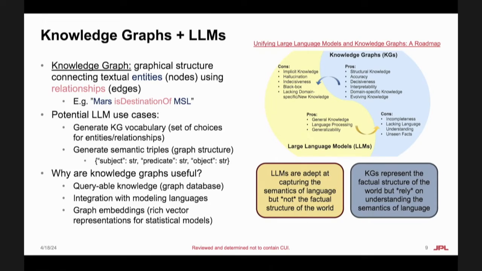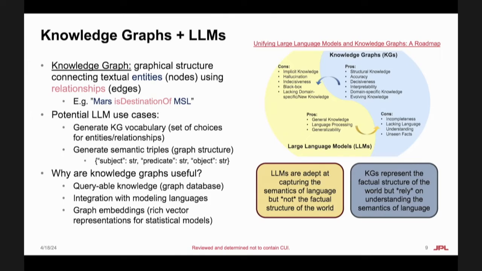For those of you who are interested in that more generally, I'll point you to the paper linked in the top right of this slide. It serves as an index of current and past research into the interplay between language models and knowledge graphs, including some coverage of using language models to generate knowledge graph structure. And that's what we're going to focus on here today.